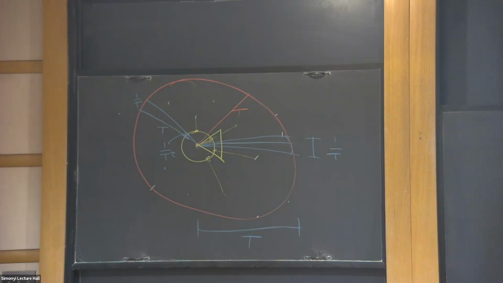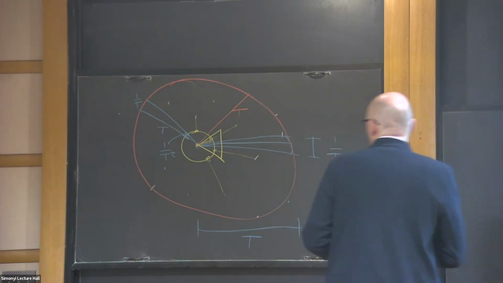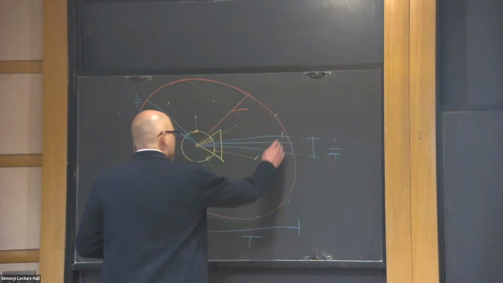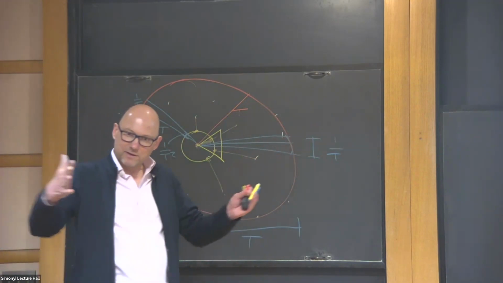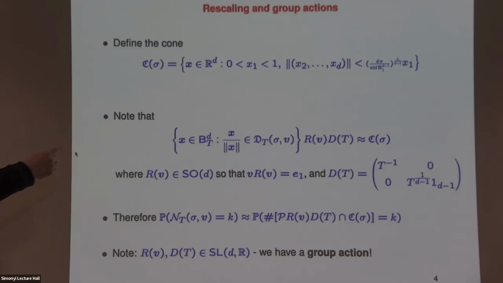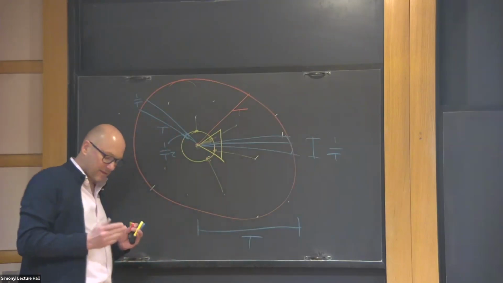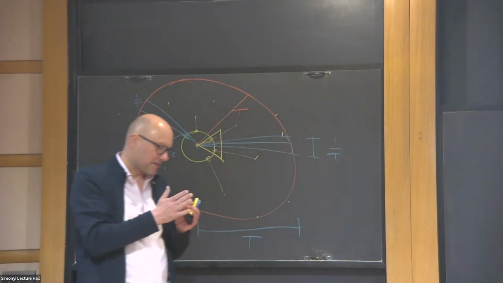This approximate here just means I've made a little error because the cap of my cone is curved. And here, as you see, that cone has a flat cap, but as t gets larger and larger, this curved cap becomes flatter and flatter.